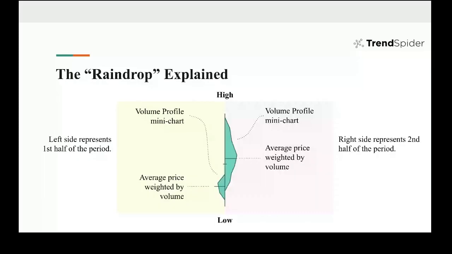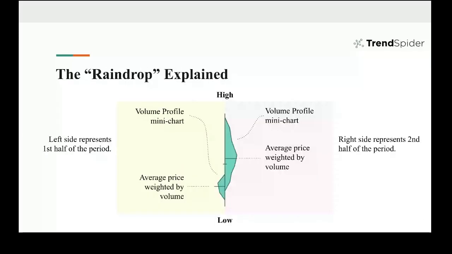So when you look at this and see what it looks like when it is rendered, you end up with an illustration that looks like this. You'll see that if this were representing 1 hour, for example, the left side of it would represent the first 30 minutes of that hour.